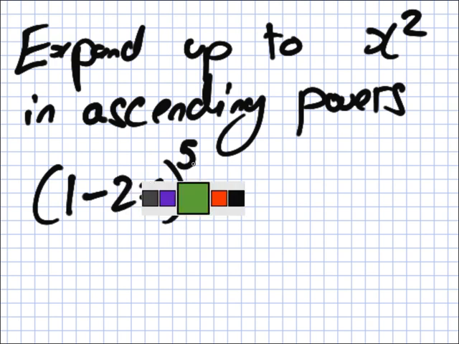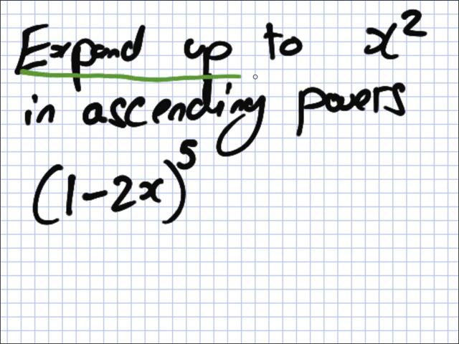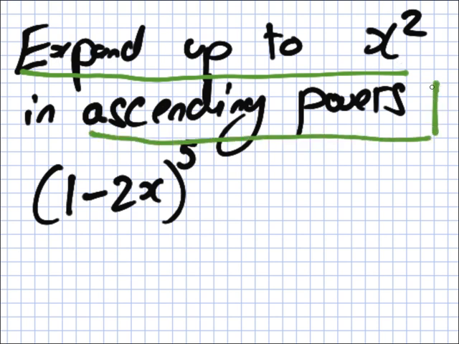No. I want you to expand until you get what? X squared. Now the next part is important. Do I start at x power 5 or do I start at x power 0? Why? Ascending powers means the power should increase.